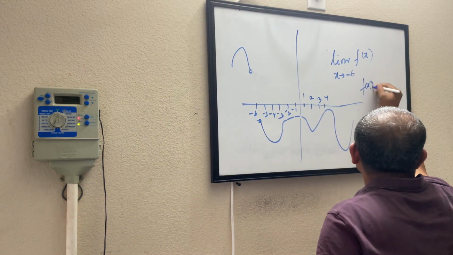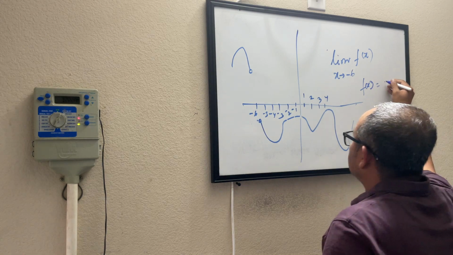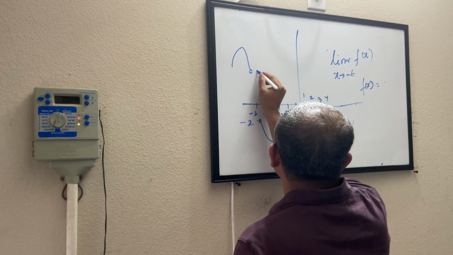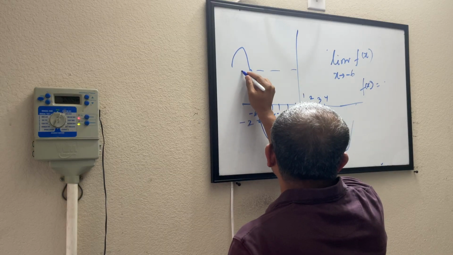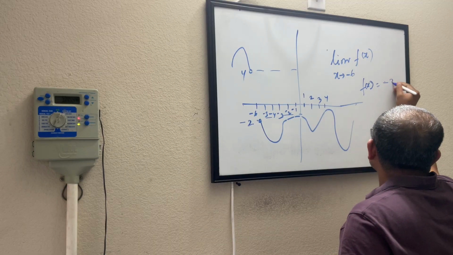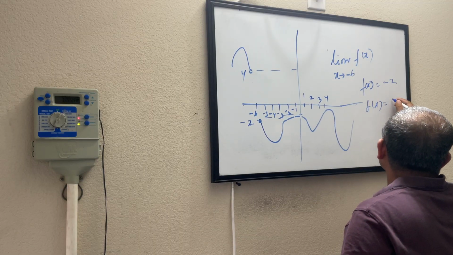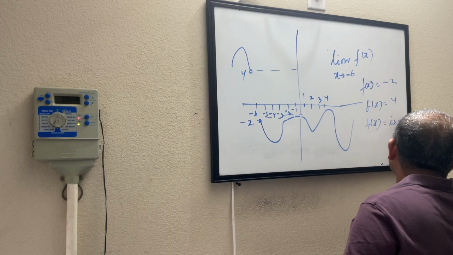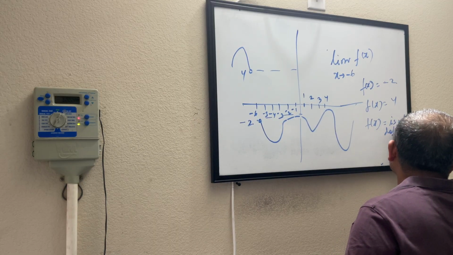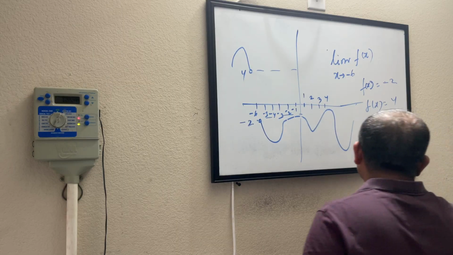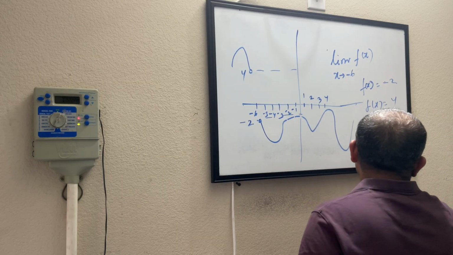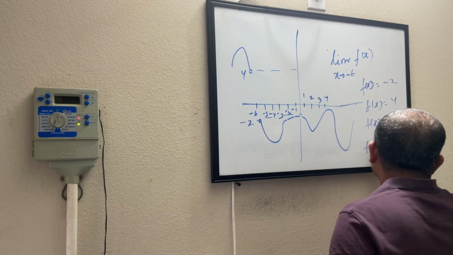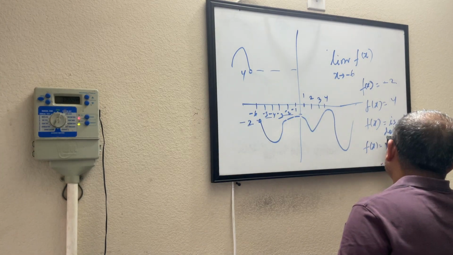Fx equals, let's say, -2, and here it is 4, equal to -2, fx equal to 4, fx is not defined, yeah, let's say fx equal to 8.